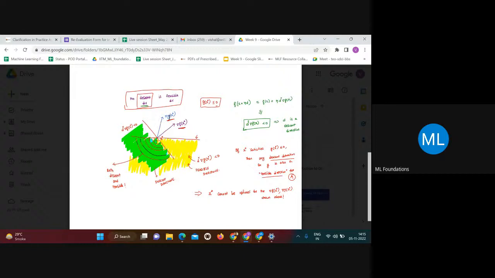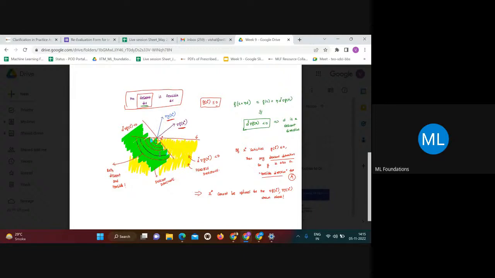For the gradient of g(x star), what will be the descent direction? The direction where the dot product of this gradient with the direction must be less than zero. For this function also, if this is the value, then the perpendicular will come like this, and then you'll have some.